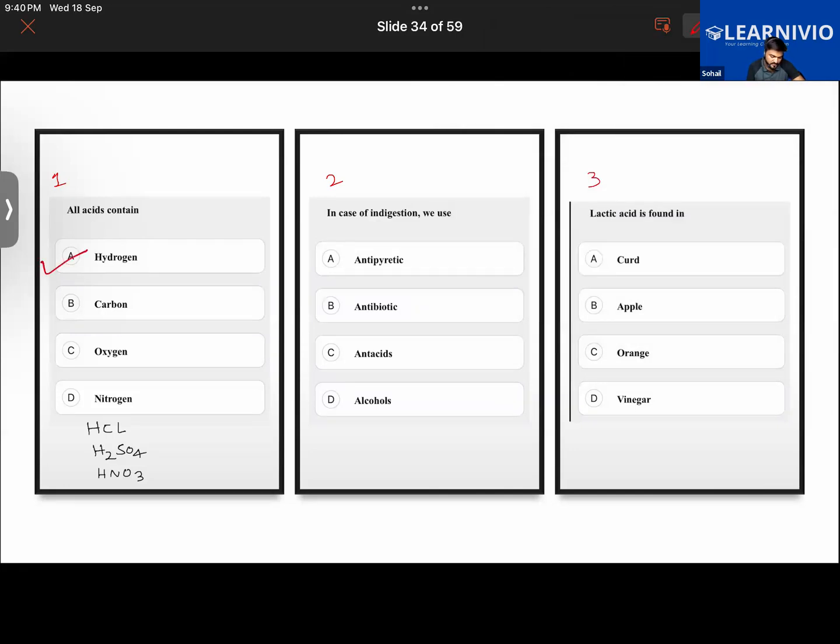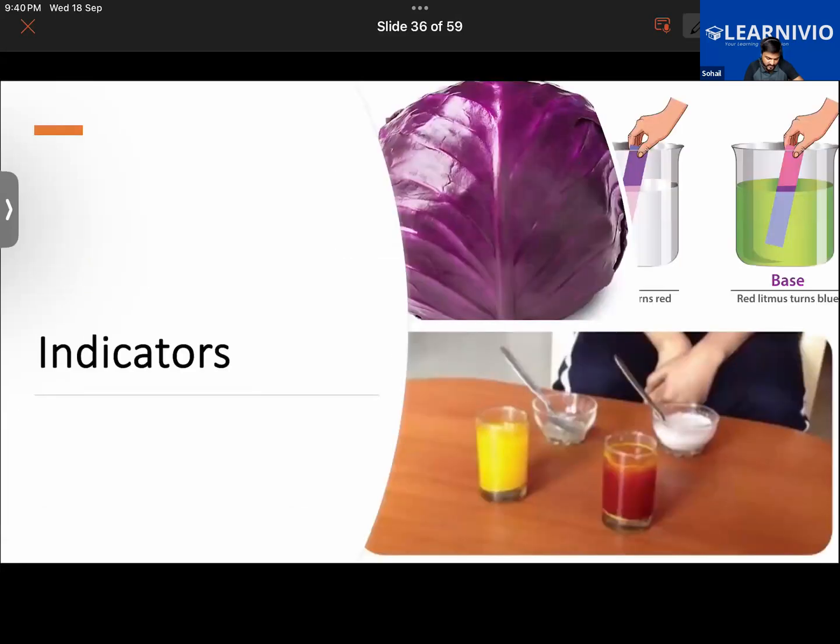Another observation you have to make: if the question were about bases, what do bases have in common? Bases have OH in common. Hydroxide is common in them. For example, sodium hydroxide, potassium hydroxide, or calcium hydroxide.